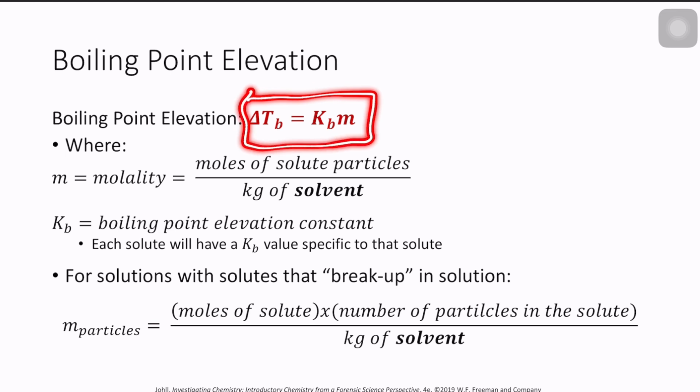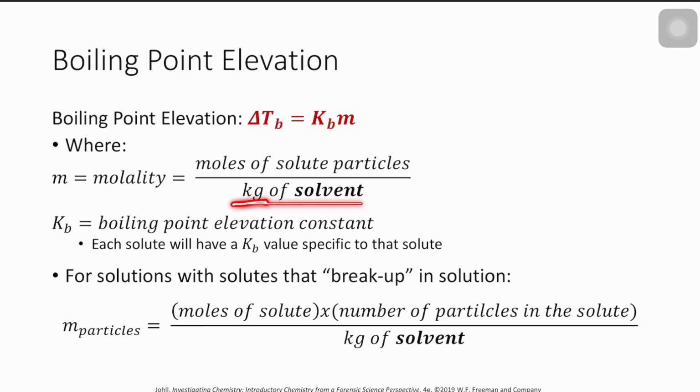Delta TB, which is the boiling point elevation, is equal to KB times lowercase italicized m, where m is the molality, it is the moles of solute per kilogram of solvent. So this is different than molarity because we're dealing with kilograms of our solvent, not liters.